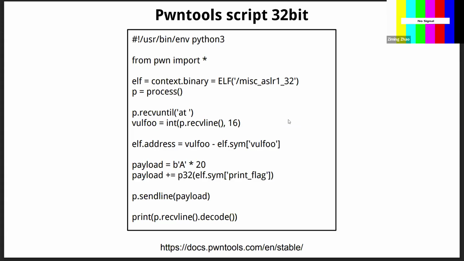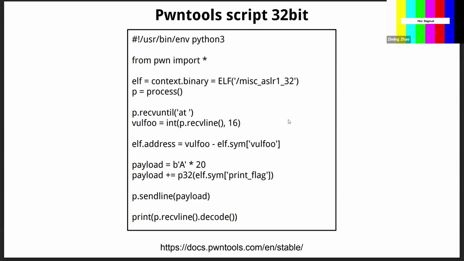Then the elf file's address I set as elf.address, which is val_foo's address minus elf symbols val_foo. So this one, because we use nm to see the symbol, right? So this is actually what? The offset, right? So this part is the offset.